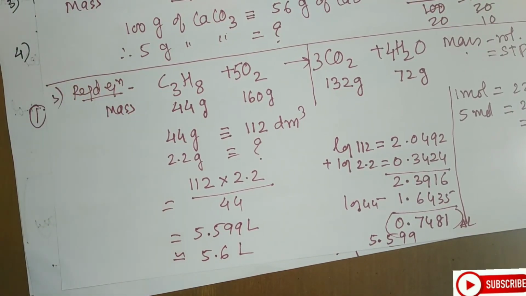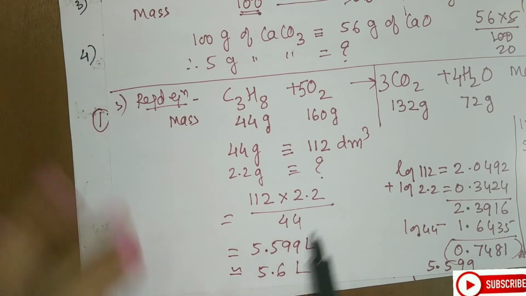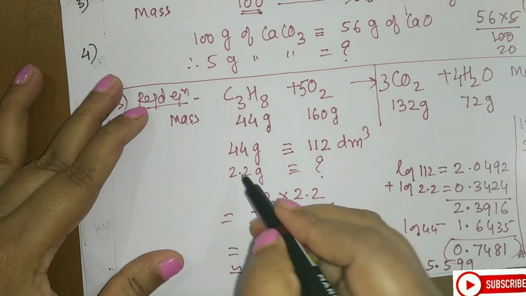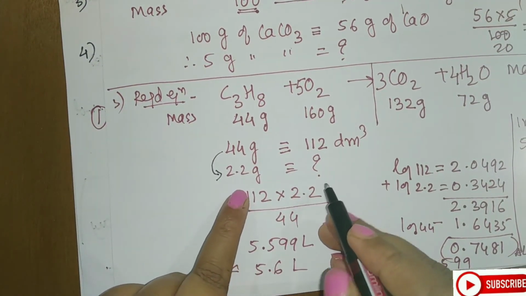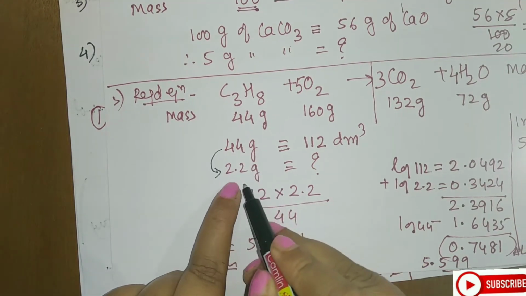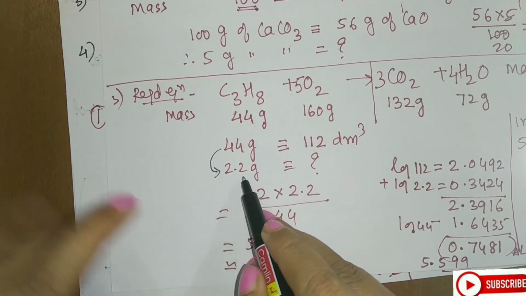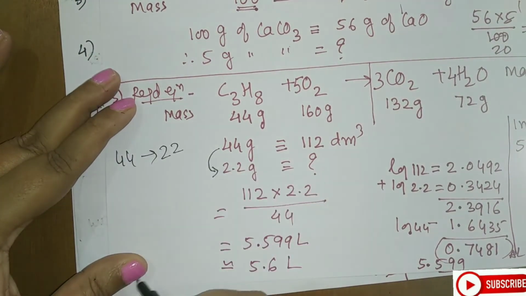Now students, there is one more very easy way to do the same calculation instead of going for log. Now let me just give you that concept, how to correlate this. If you see this, student, 44 is becoming 2.2 here. Means 44 is becoming half, divided by 10. 44 half is how much, student? 22.